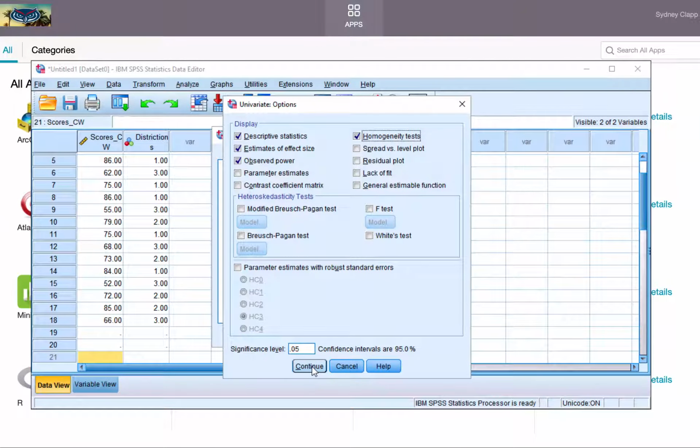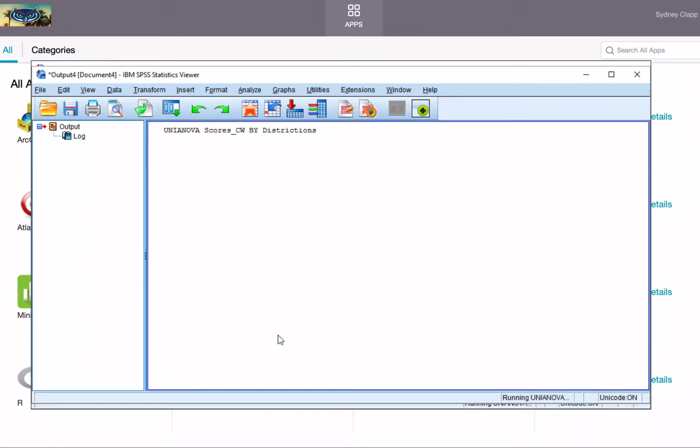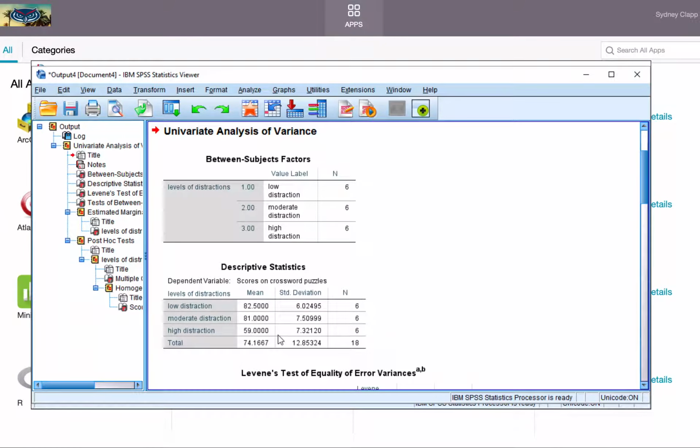Now it is worth mentioning that in SPSS there is a way just to run an ANOVA. However, you would have to do your Cohen's d formula to determine your effect size. When we run it through the univariate general linear model, we can ask it to produce our effect size. So we click OK, and then we have our output data.